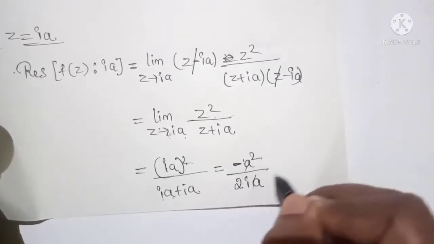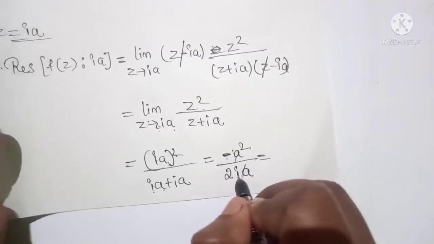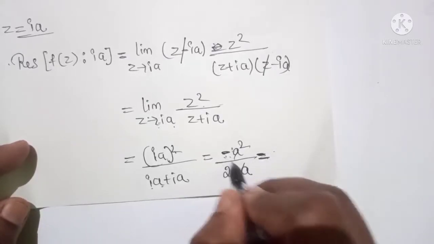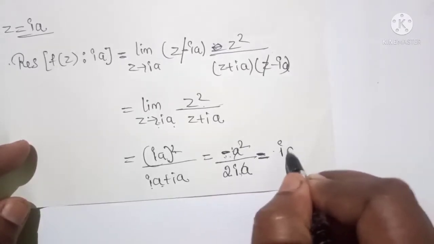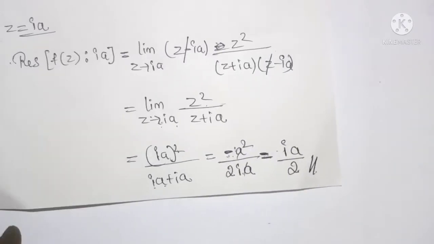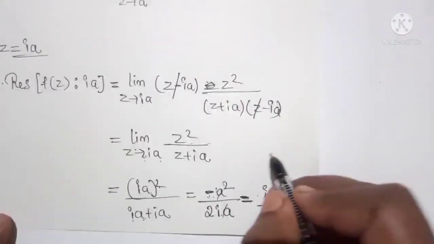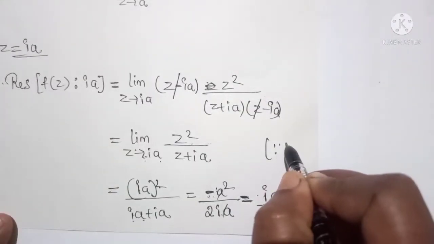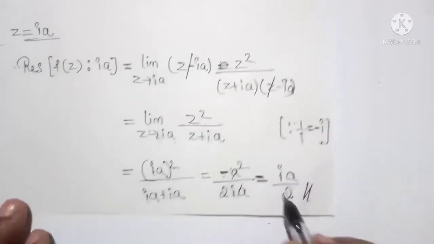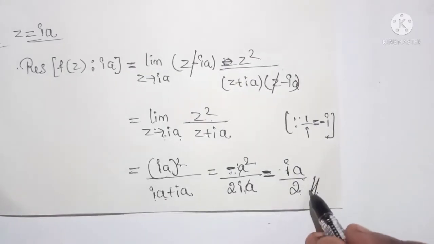So one term of a gets cancelled, and 1 by i equals to minus i, because we know that 1 by i is equals to minus i. Using this we get ia divided by 2, which is the required answer. So this is the required residue at z equals to ia.